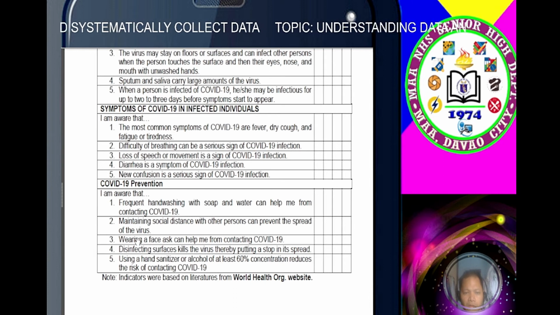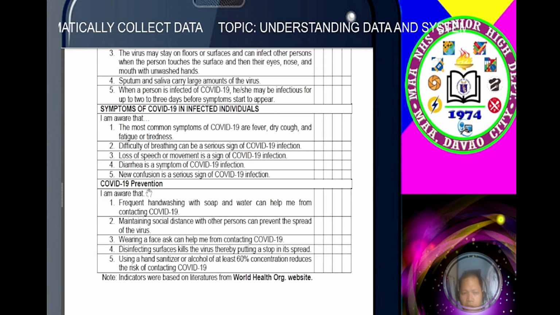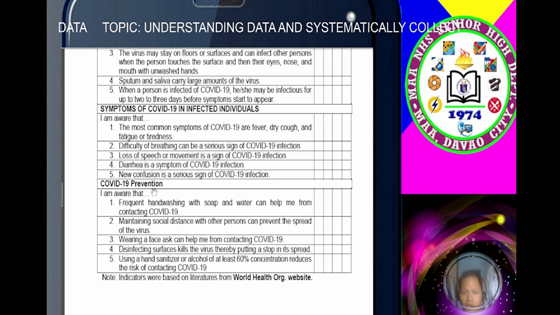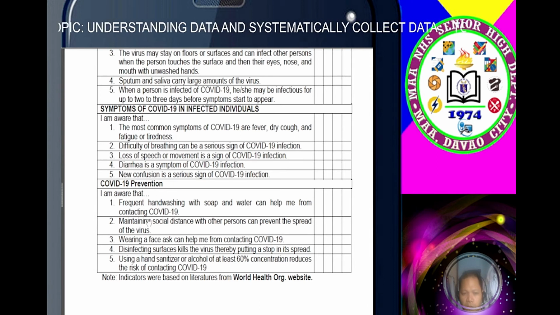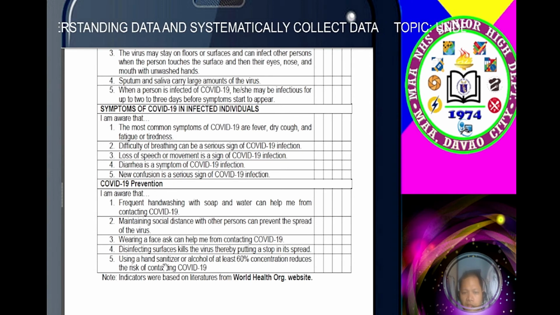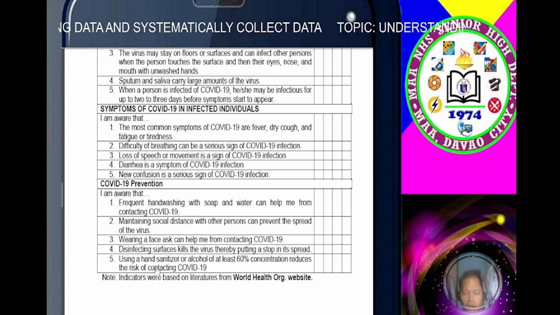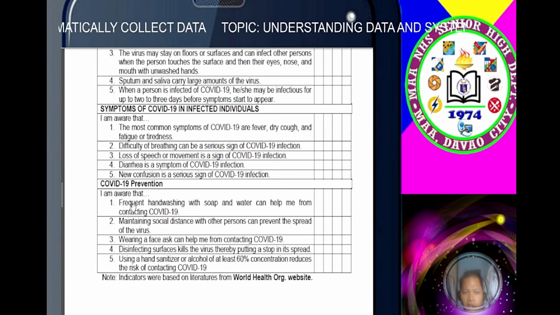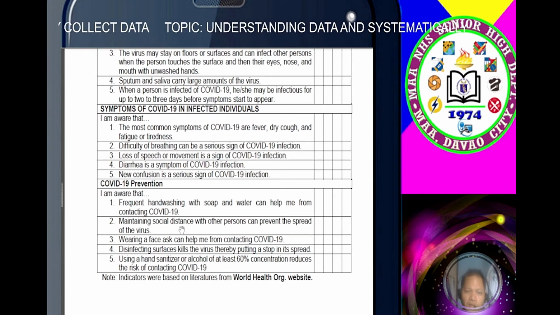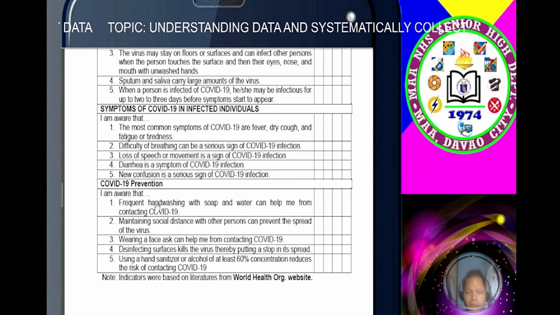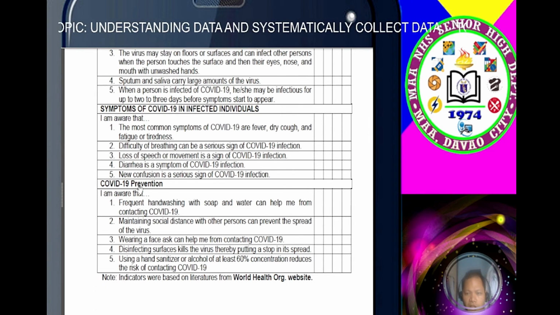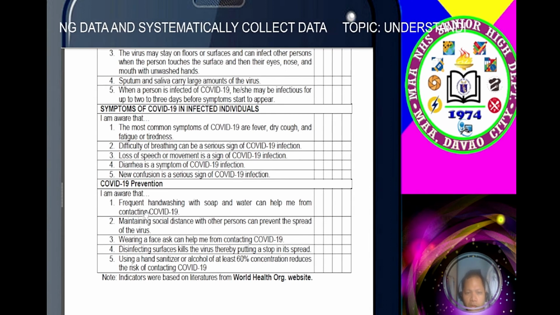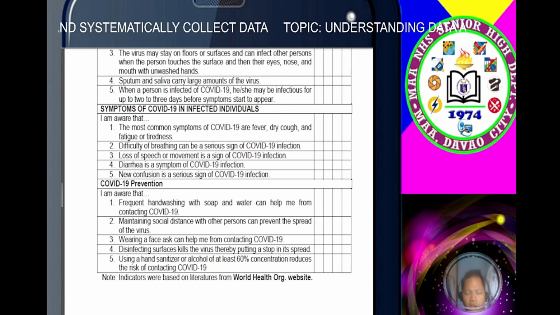Next, wearing a face mask, good. Then number 4, disinfecting surfaces, also a way of prevention. Then 5 is using hand sanitizer and alcohol, good. These questions are related to this indicator. So make sure when you construct your questionnaire, it must be related to these indicators. Do not include items which are not related. I hope it is clear to you.